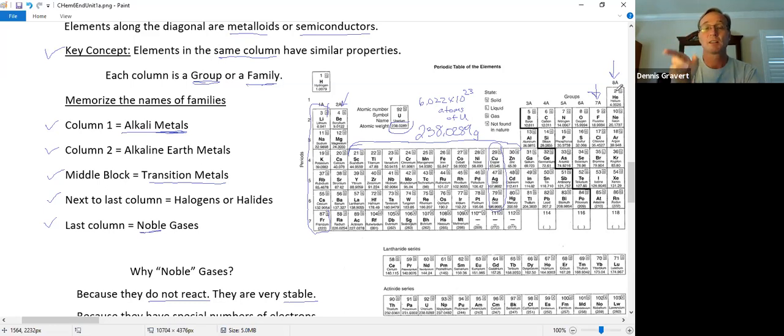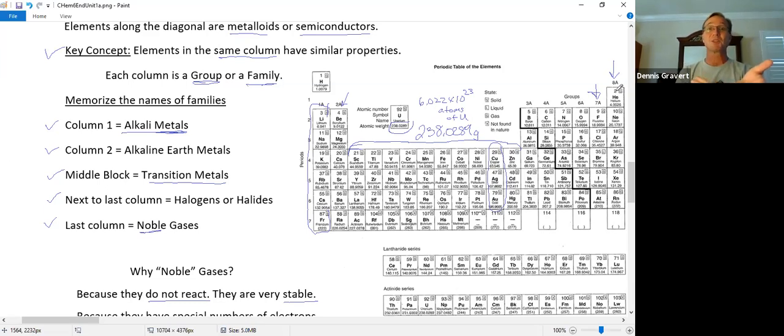Neon right below it is element 10, 10 protons, that's the atomic number. But in a neutral, stable neon atom, there are also 10 electrons. Argon has 18 electrons. So fluorine comes in with 9 protons. Nature gives it 9 electrons, and fluorine's not happy. The magic numbers are 2, 10, and 18. The closest one is 10.